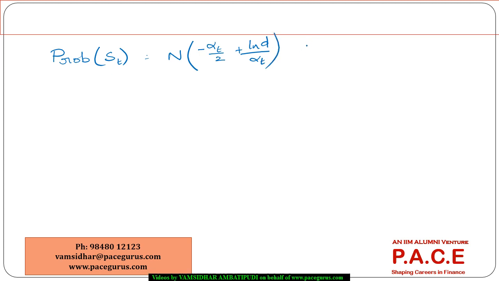We'll define what alpha and log d are, minus d times N of minus alpha t by 2 minus log d by alpha t. So this is what we are defining as the probability of survival.